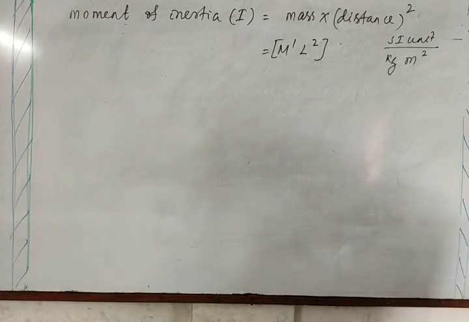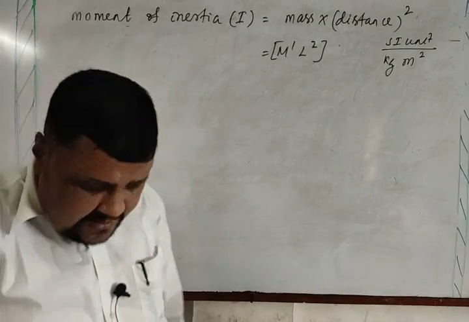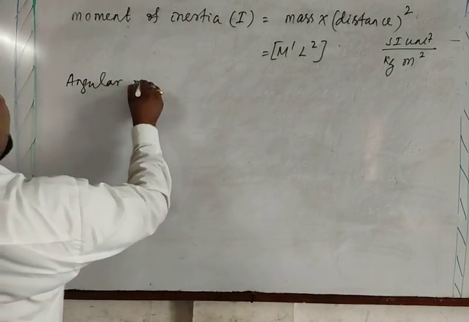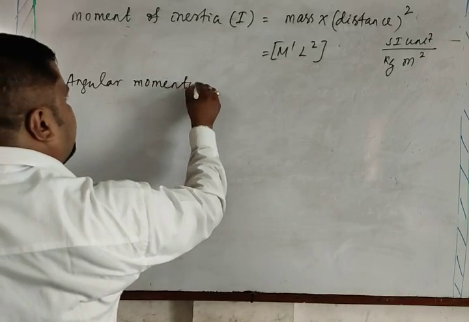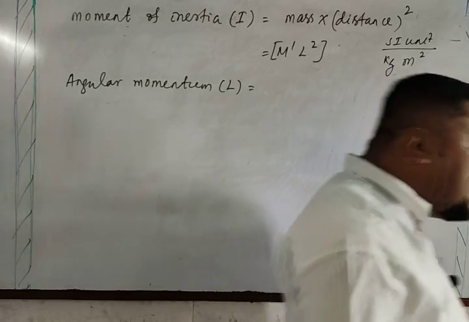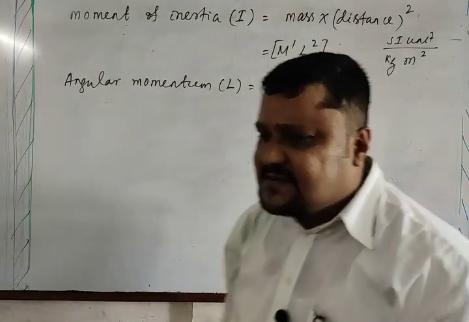Okay. Similarly, another quantity is your angular momentum, which is taken as L. What is angular momentum? Angular momentum is like linear momentum. What is linear momentum? Linear momentum is mass into velocity.